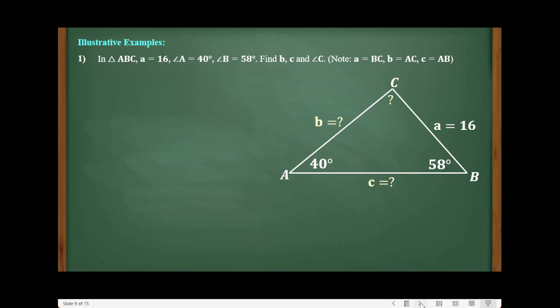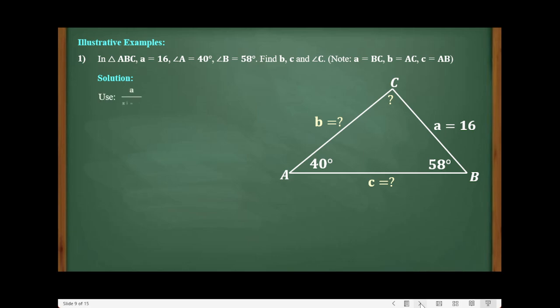Now, among those three unknown parts, we need to choose which must be solved first. And I think among the three unknown parts, the easiest part that we can find its measure is angle C by applying what? The angle sum theorem of any triangle.